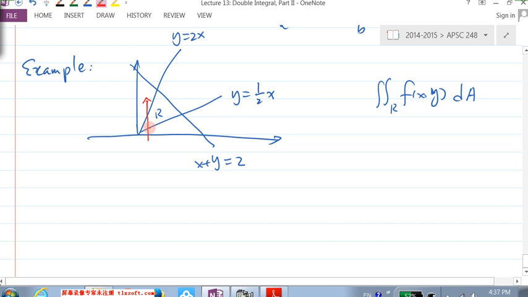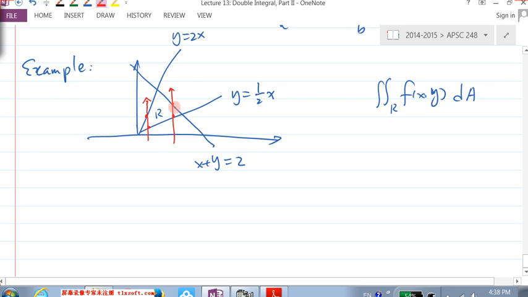If you draw it here, your minimum is here for the y, and the maximum for the y is here. But if I draw it over here, the minimum is still on this bottom line, same thing, but the maximum is on this line now, right? So the y max is different. If they're different, then you cannot integrate through this region R in just one step. So we have to separate this region R.